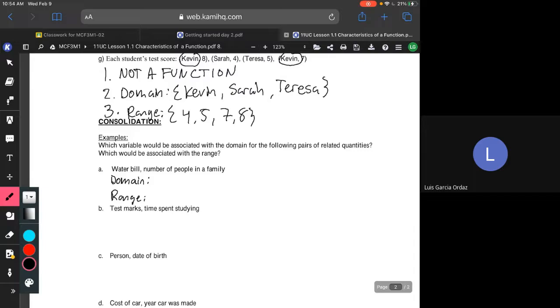So which one would be my domain? Say it again, Camilla. The water bill depends on how many people. So remember, y depends on x. So the water bill depends on the people, which means my range would have to do with the water bill, and my domain would have to do with the number of people.